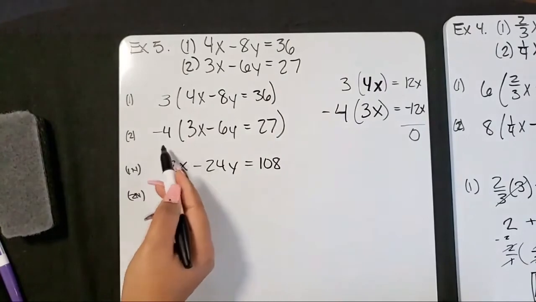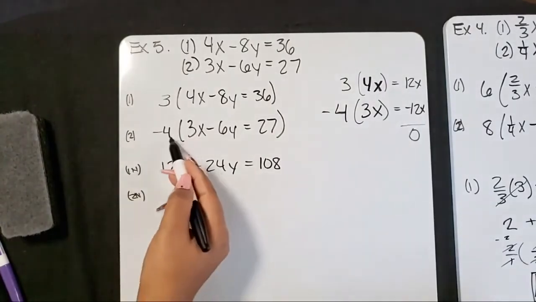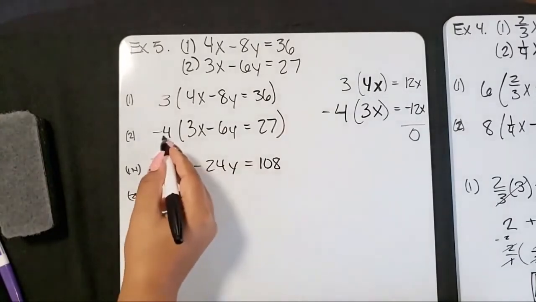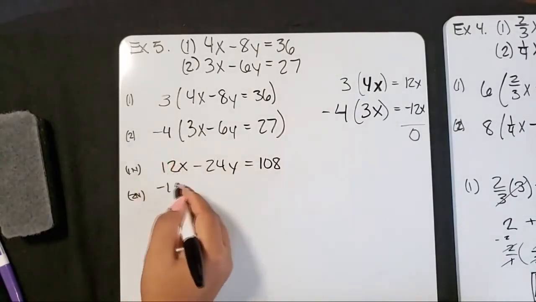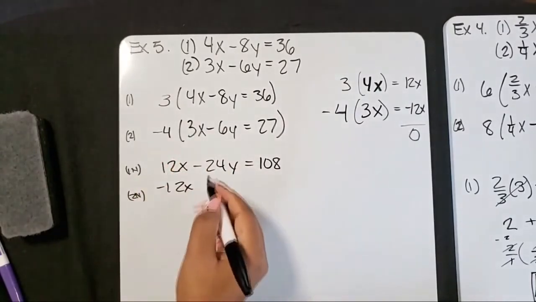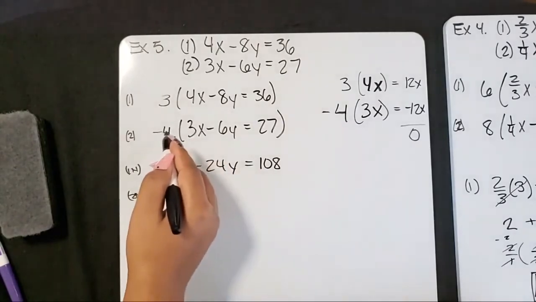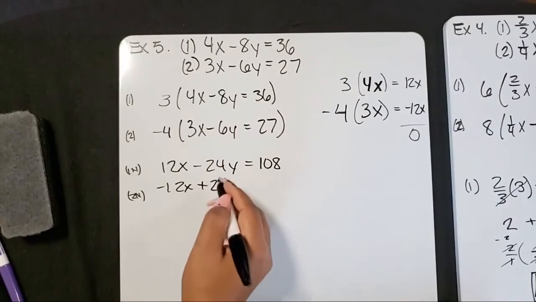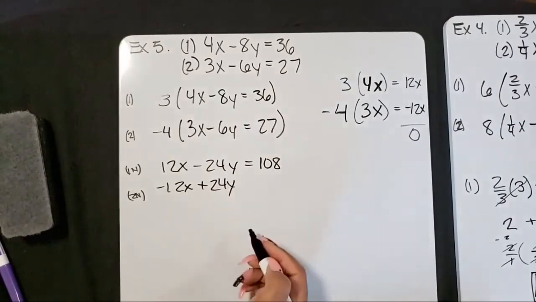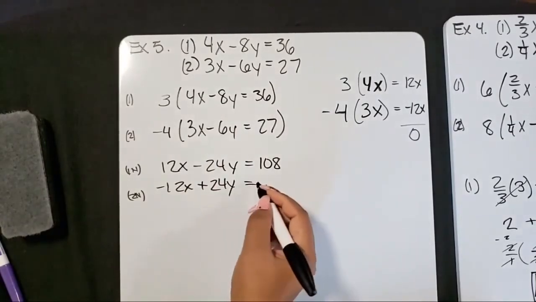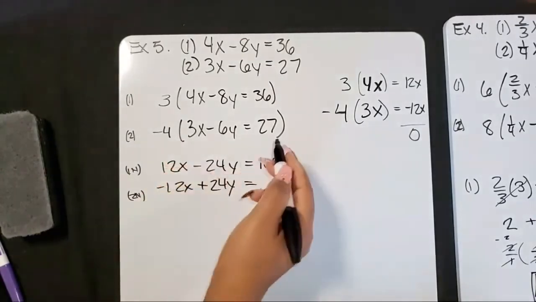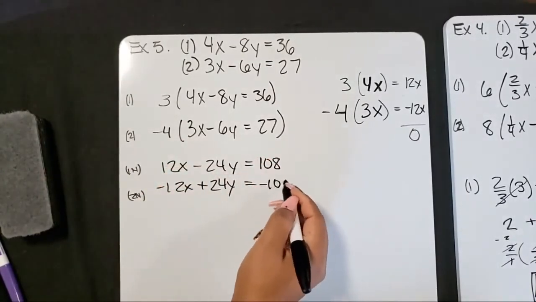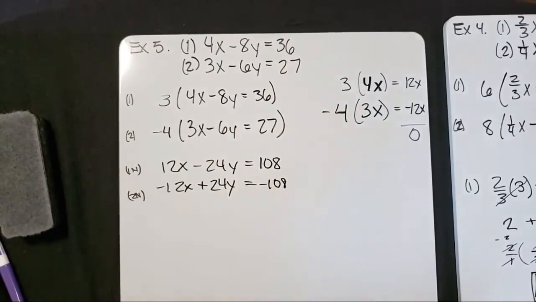For our new second equation, we multiply each term by negative 4. Negative 4 times 3x is negative 12x, which is what we wanted. Negative 4 times negative 6y is positive 24y. And negative 4 times 27 is negative 108.